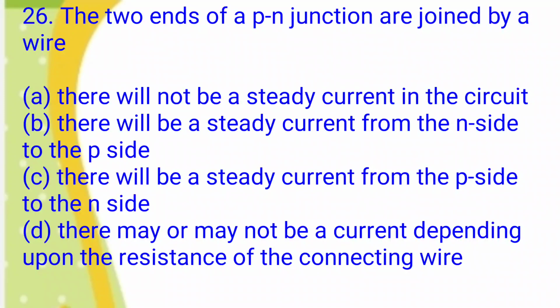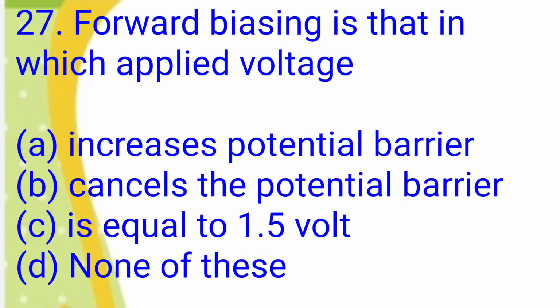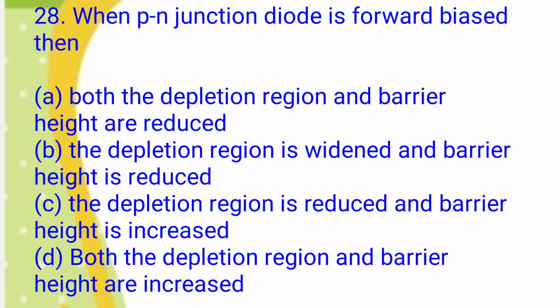The two ends of a PN junction are joined by a wire. There will not be a steady current in the circuit. Forward biasing is that in which applied voltage cancels the potential barrier.